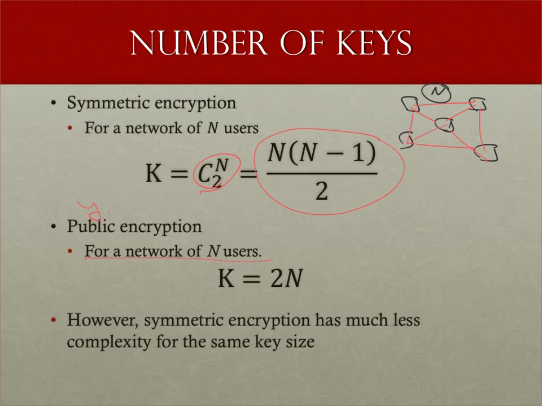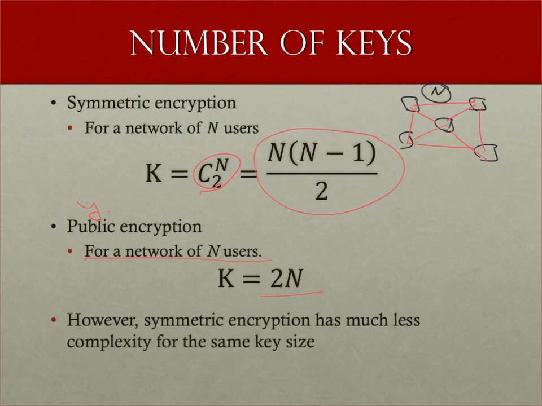So for any network of n nodes, I need basically 2n. Why? Because each node will have a private key and a public key, regardless of which other node it needs to communicate with. This public key will have to be given to everyone, and the private key kept locally.